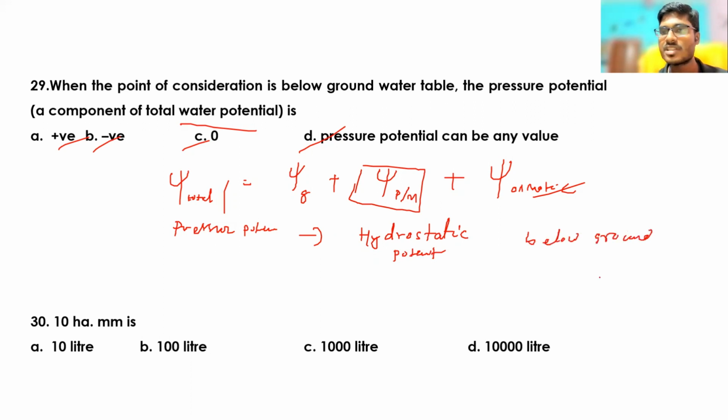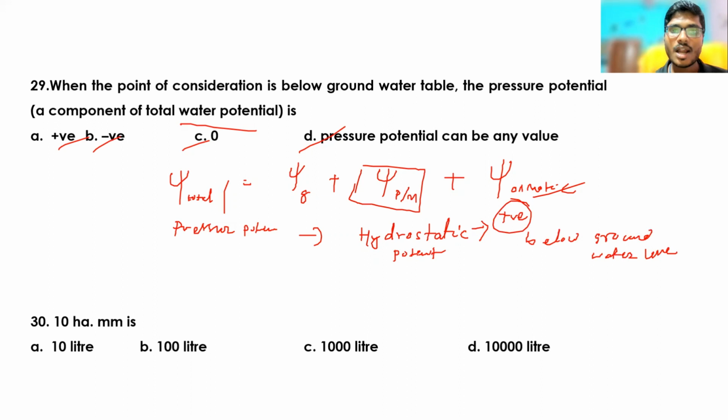So here the reference is the groundwater table. If the point of reference, the point at which we are measuring pressure potential, is below the groundwater table, then the pressure potential is known as hydrostatic potential and the sign of the potential is positive.